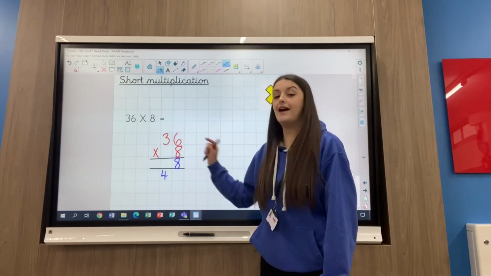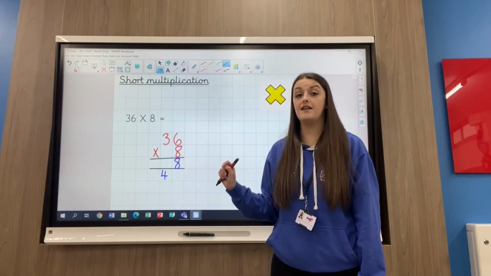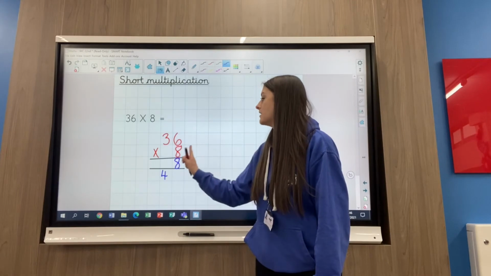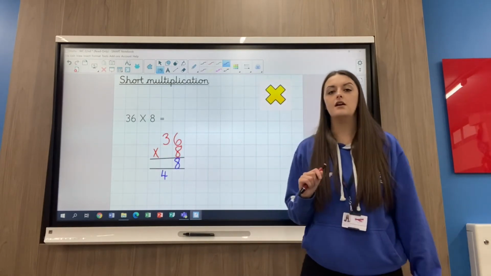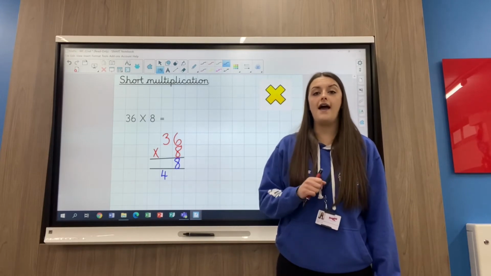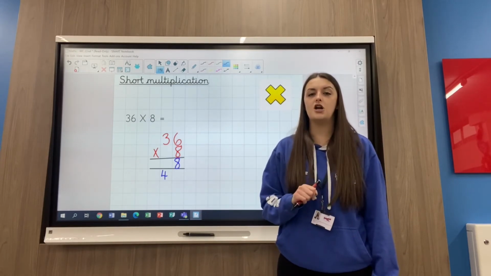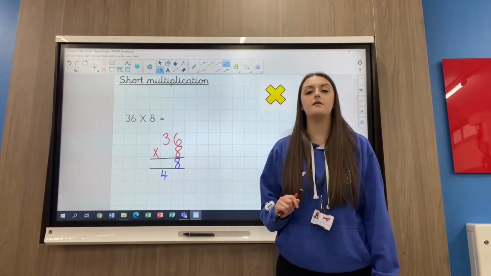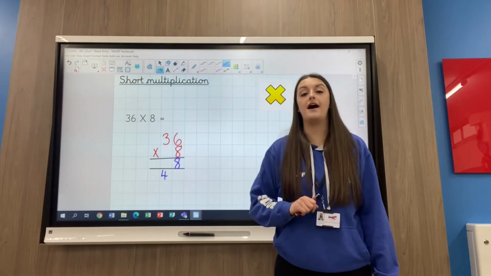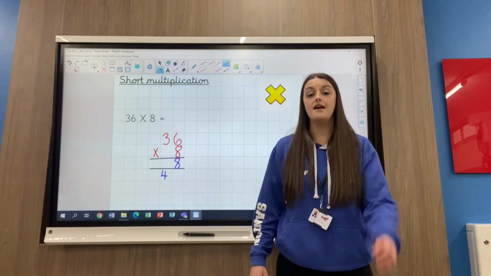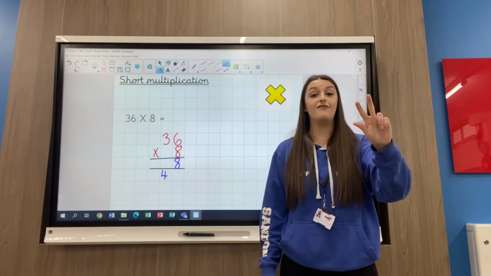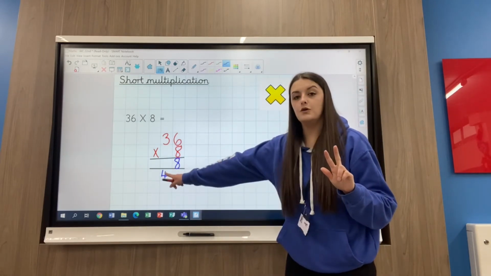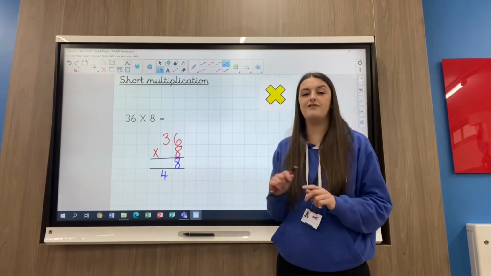So we've multiplied the ones, we're now going to multiply the tens. So 8 multiplied by 3. 8 times 3, we can count in our 3s or our 8s. We're just counting our 8s, so let's carry on counting our 8s because we're multiplying by 8. Are you ready? 8, 16, 24. But I've got these 4 tens to add on because remember it's 24 tens.